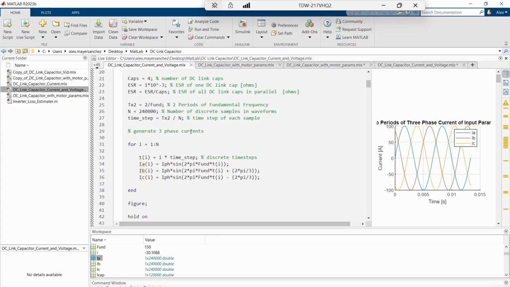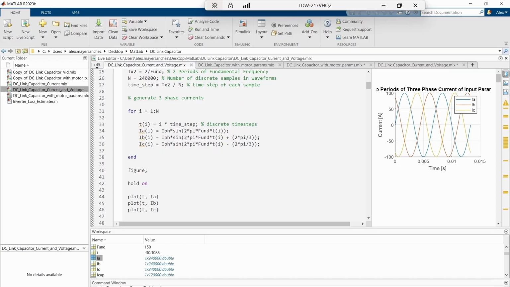So this first plot is just simple. T is going to be an array that is storing the time samples, and then IA, IB, IC is going to be storing the current samples at each step in the array as well.